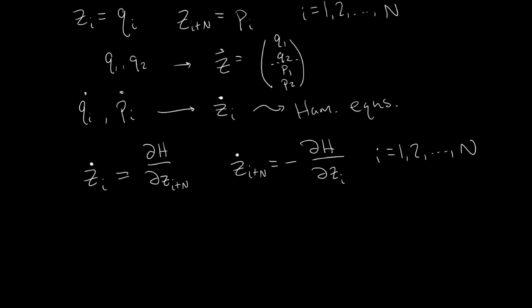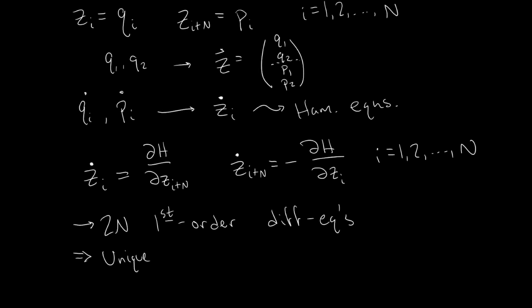Okay, so this is a set of 2n first order differential equations, which means that there is a unique solution to this set of differential equations for each given z sub n 0.